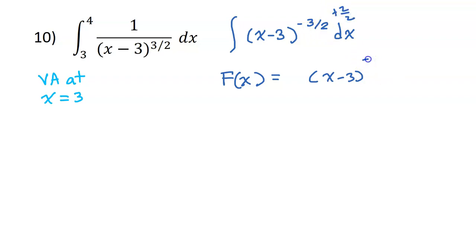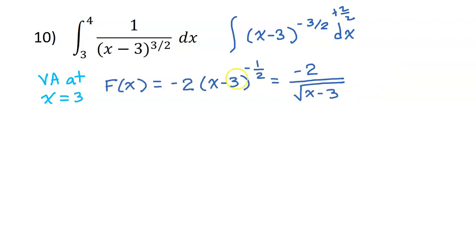So that's going to give me negative 1/2 for my new exponent. Then we have to divide by the new exponent, but dividing by negative 1/2 is the same as multiplying by negative 2. Don't worry about the plus c. I think the antiderivative will be a little bit easier to work with if we rewrite it like this.